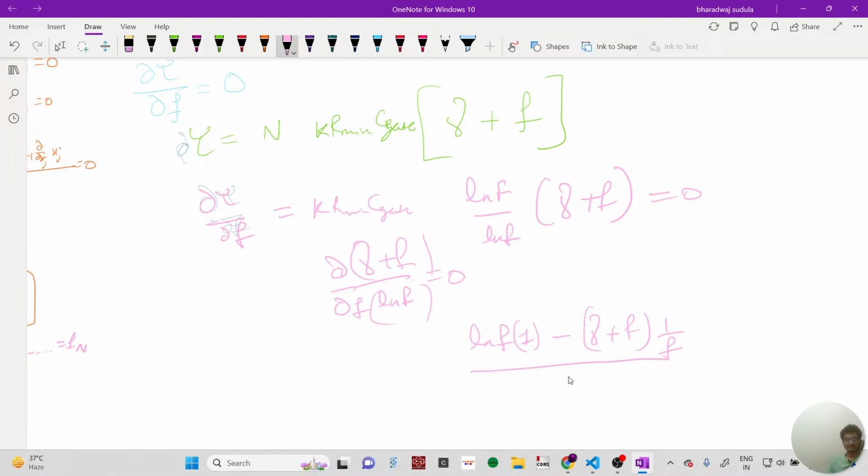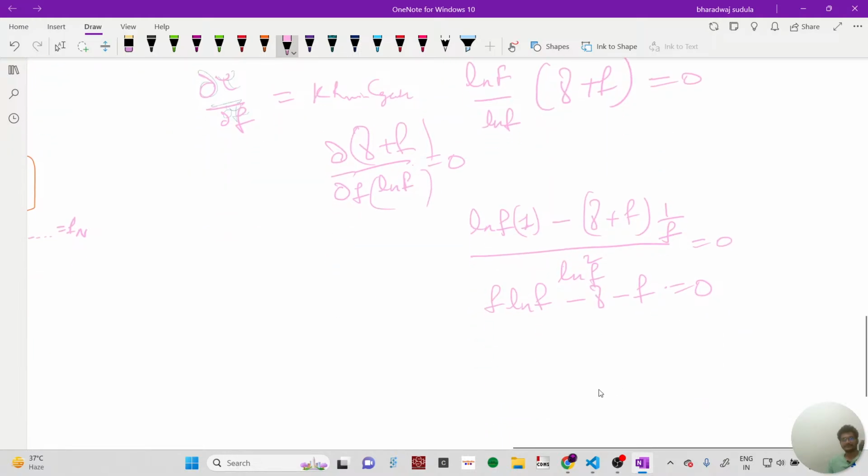And ln f square, this is 0, f ln f minus gamma minus f and 0. So f will be gamma plus f, correct? And if I take f to the other side, gamma by f plus 1.